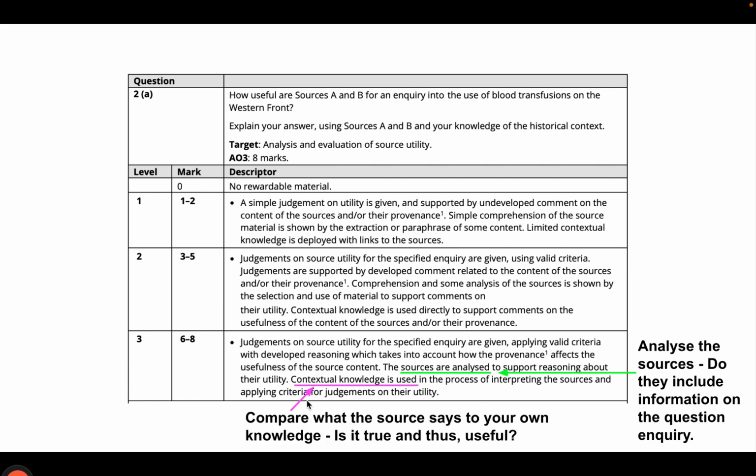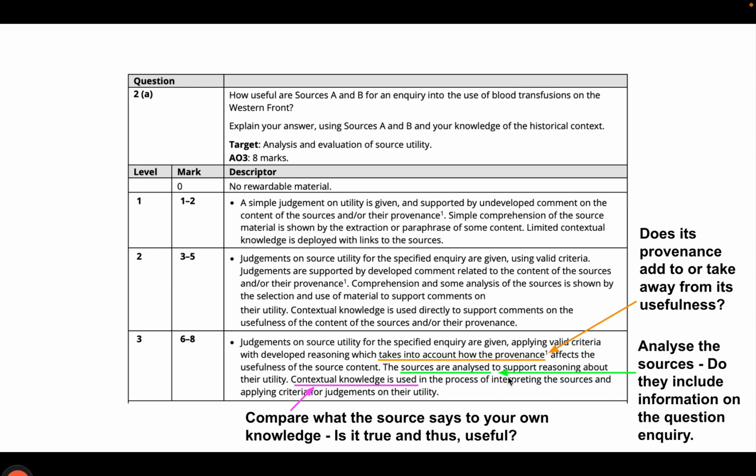You need to compare the sources to your own knowledge. If it agrees with your own knowledge, the facts that you know, then obviously the source is telling the truth and therefore it's useful. And also you need to take into account the provenance of the source and whether or not this adds to or takes away from the source's usefulness.